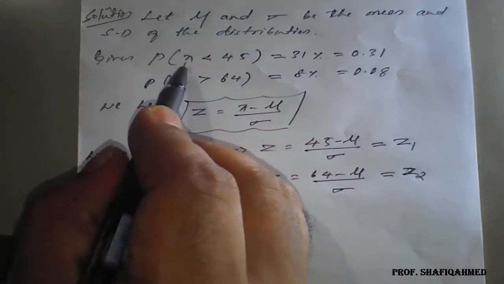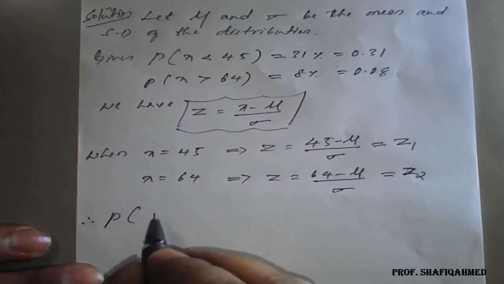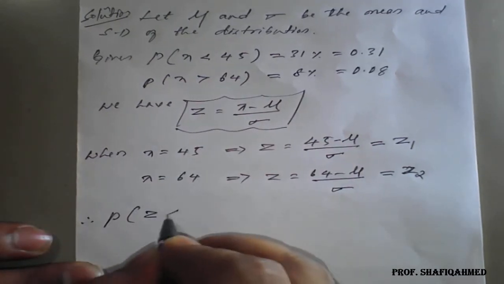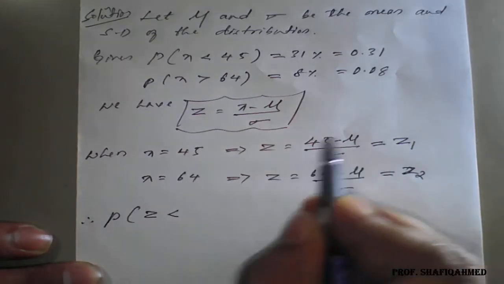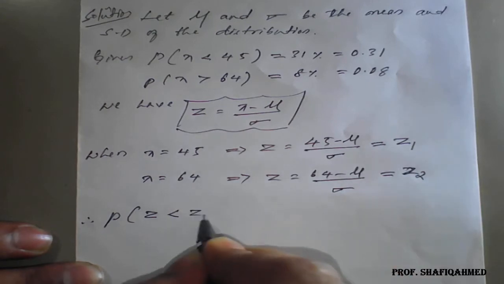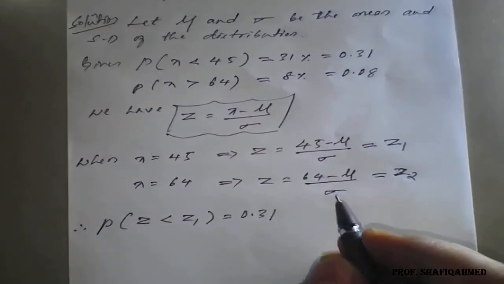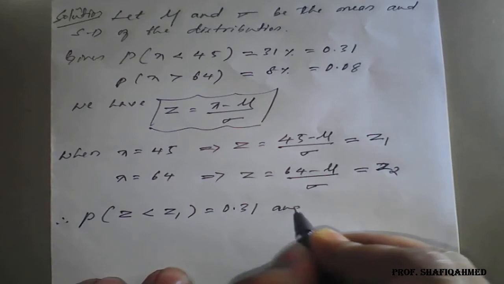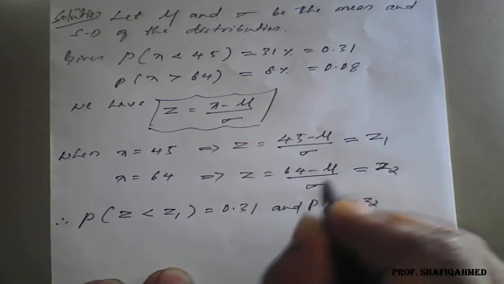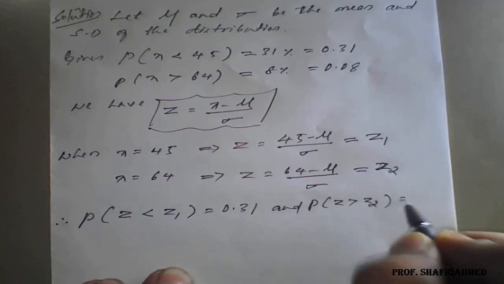We replace x by z as P(z < z1), where z1 = (45 − μ)/σ, equal to 0.31, and the second one P(z > z2), where z2 = (64 − μ)/σ, is 0.08.